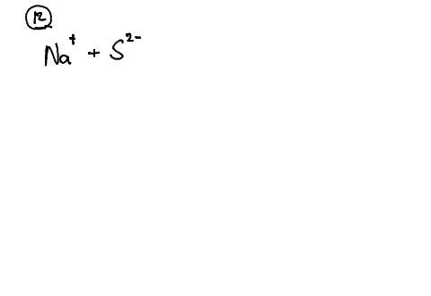Sulfide is S2 negative. And a solution of something else, zinc nitrate. Do I split zinc nitrate up? Because it's a nitrate, all nitrates are soluble. So zinc's charge is what? Plus 2, plus nitrate.